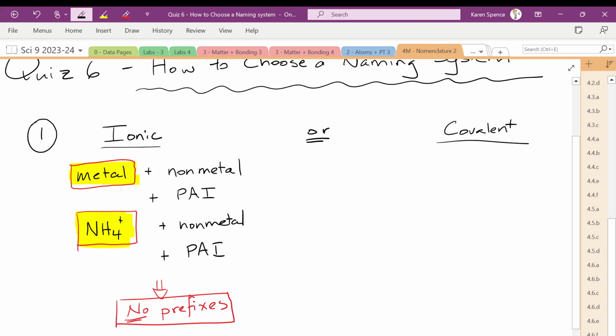So now let's look at covalent. How do we know that we have a covalent compound? What types of elements do we have? Tell your partner, what types of elements do we have when we have a covalent compound?